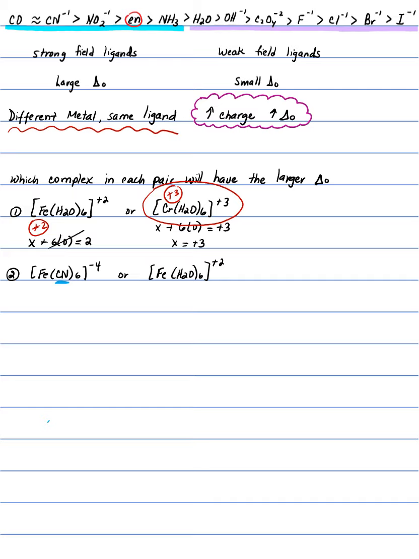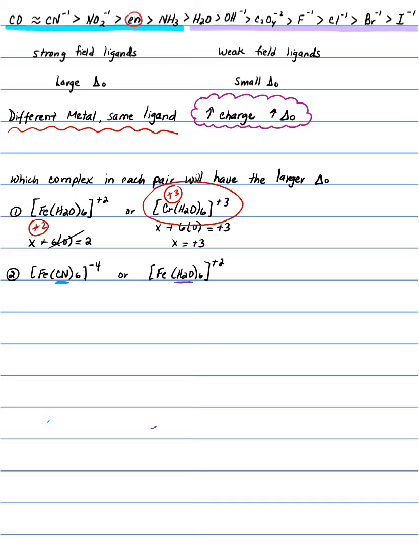And then for the water, we have a weak field ligand. So since CN is towards the left side of my list, it means that it will be a strong field ligand, which is going to give you a large splitting. You have water, which is a weak field ligand, and that one will give you a small splitting.